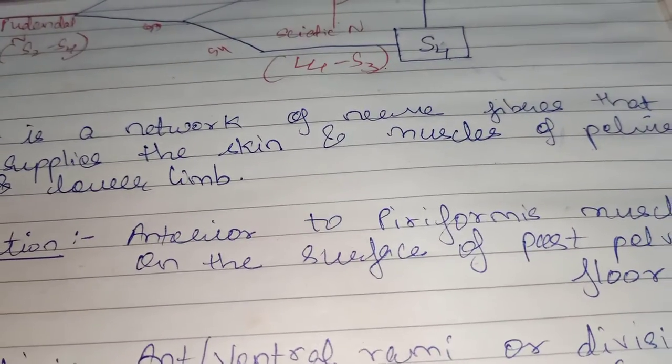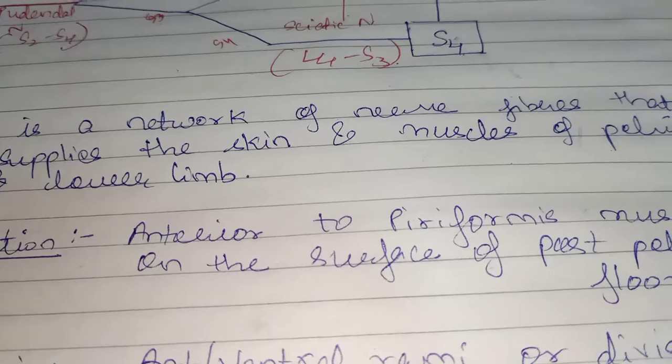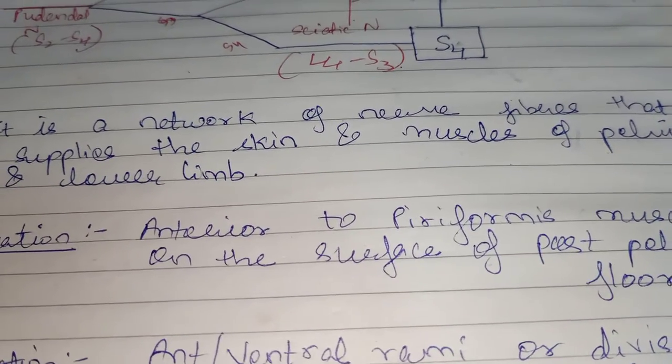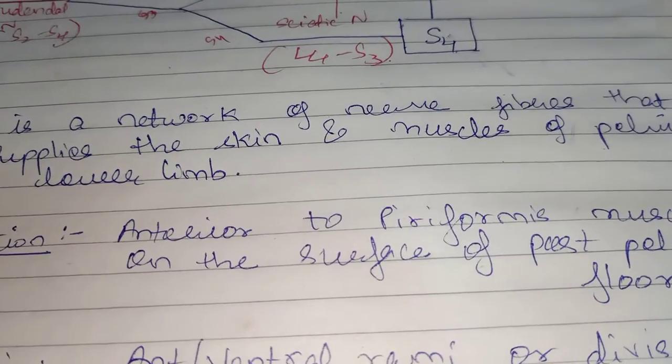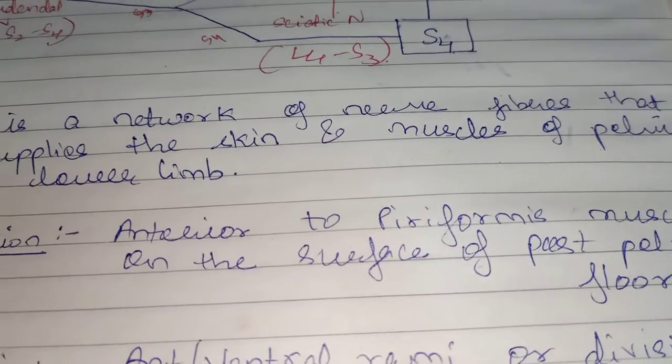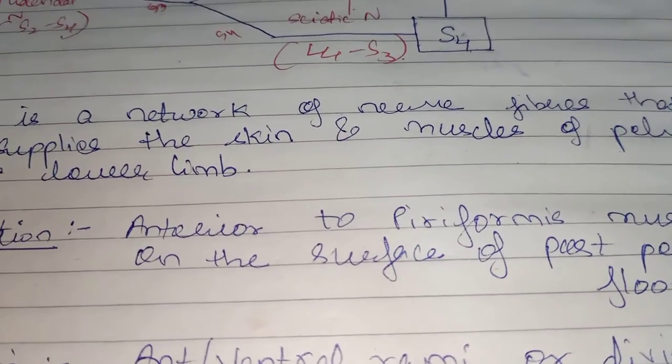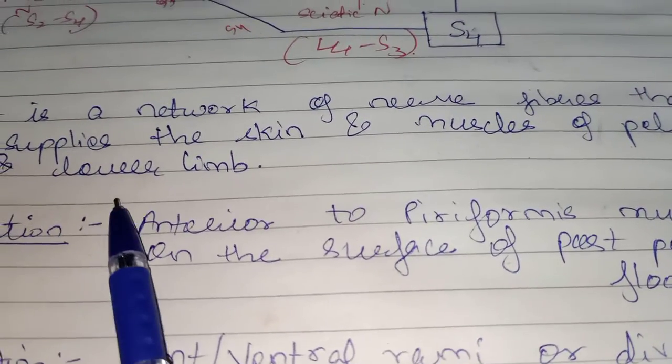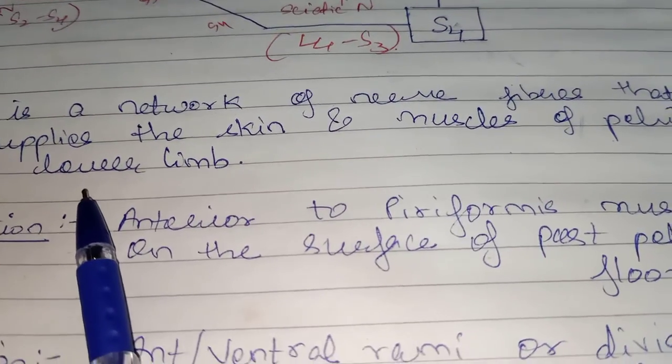It's a network of nerve fibers. There is a complete network of nerves. It will supply the skin of the pelvic area and the muscles of the pelvic area as well as the lower limb. So that is the function of the plexus.